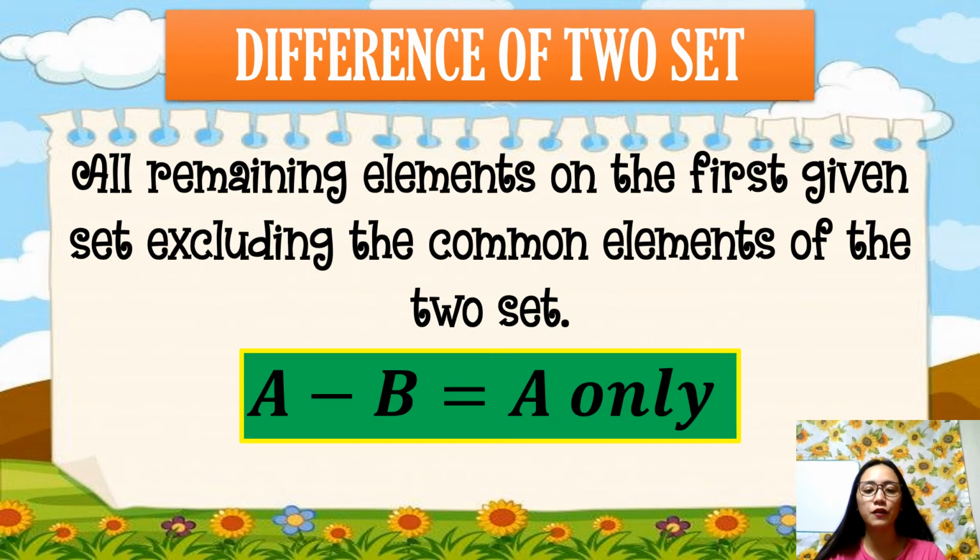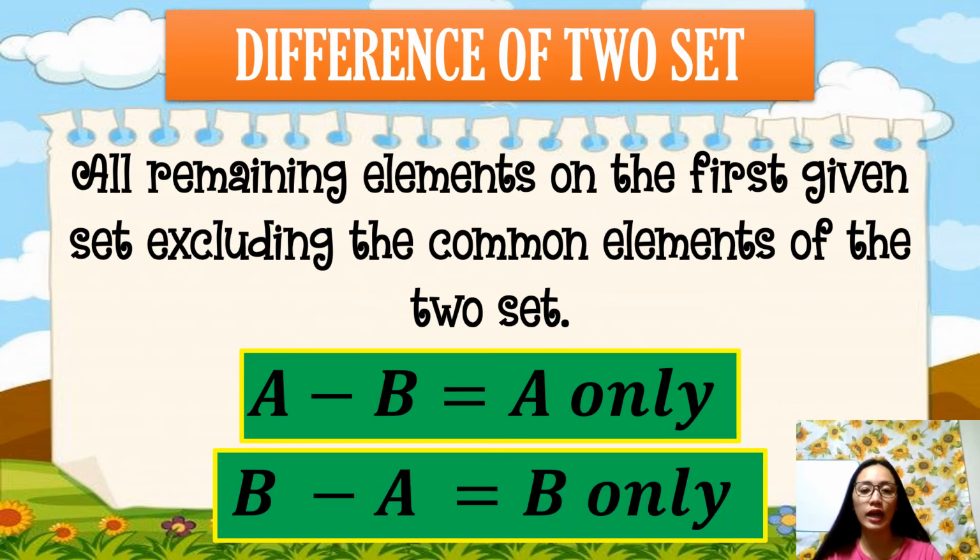When we get the difference of set A and set B, your answer will be only set A. Take note of this, that the common element is excluded between set A and set B. Then when we get the difference of set B and set A, your answer will be all elements in set B excluding their common elements.